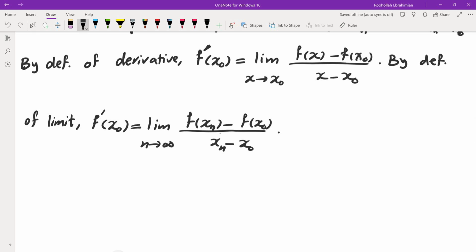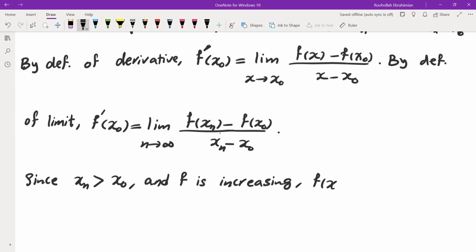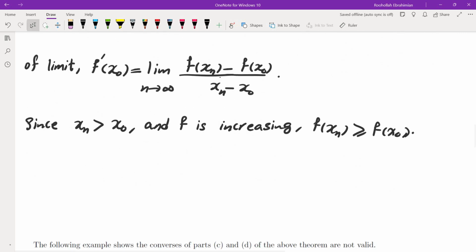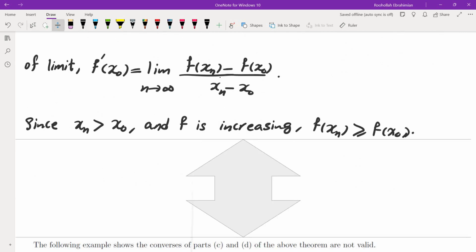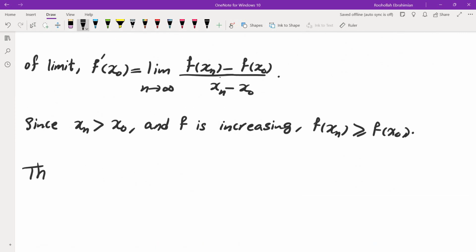Since x_n is greater than x naught and f is increasing, f of x_n is greater than or equal to f of x naught. So this fraction has a non-negative numerator. The denominator is positive.